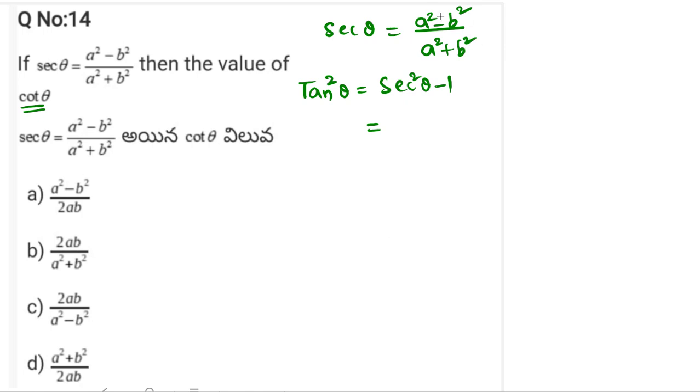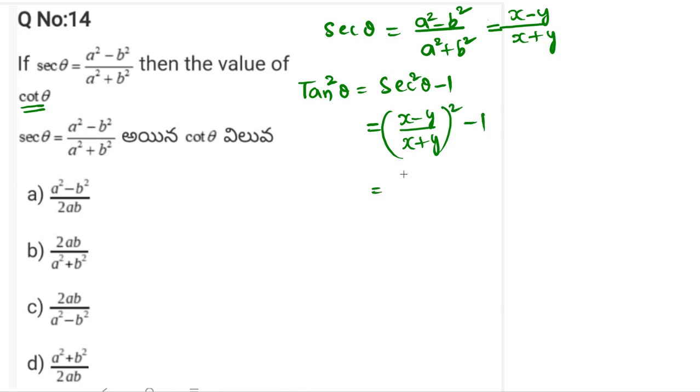square. But here, as we have squares, for easy calculation, let us take a square as x and b square as y. So we can write x minus y by x plus y. So secant square theta means x minus y by x plus y whole square minus 1.